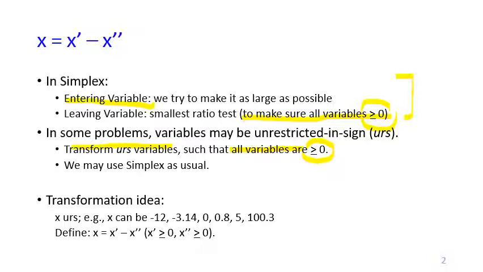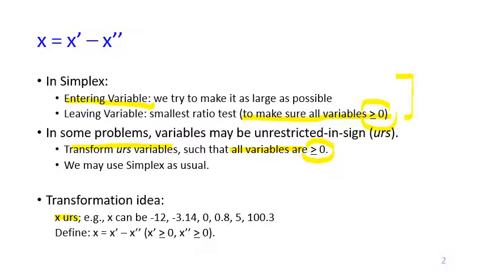Let's say the variable x is URS, unrestricted in sign. For example, it means that it can be minus 12, minus 3.14, it can be 0, it can be 0.8, it can be 5, it can be 100.3.